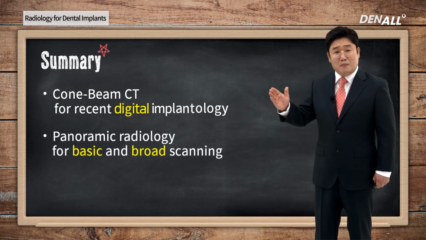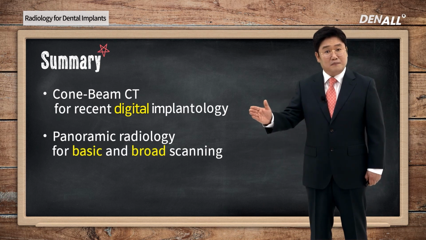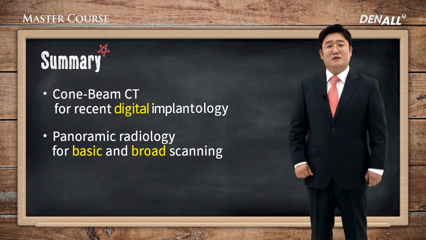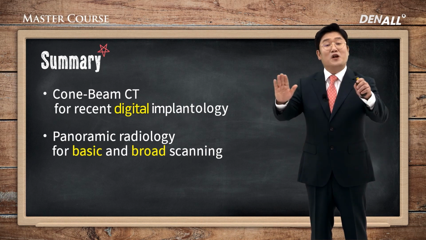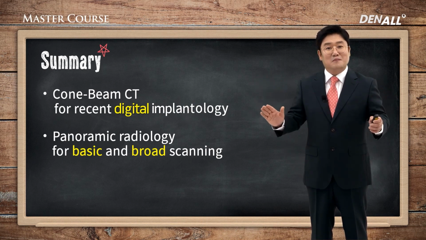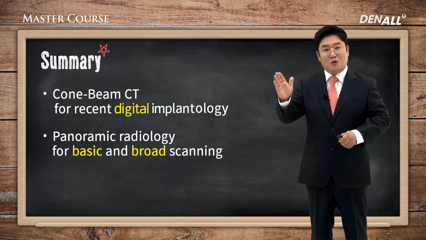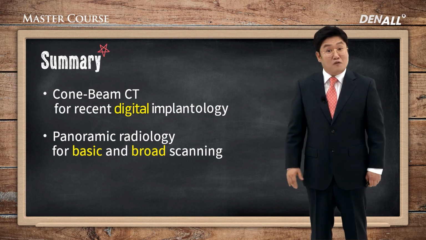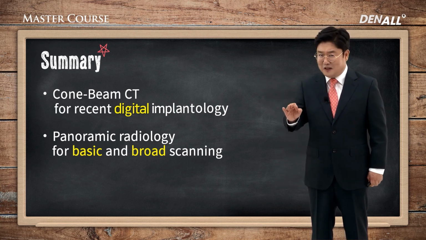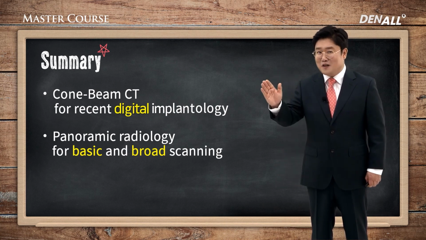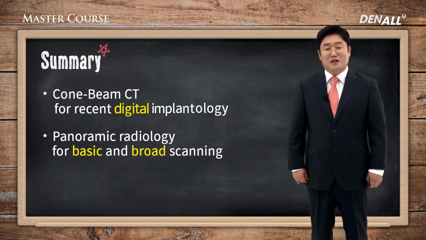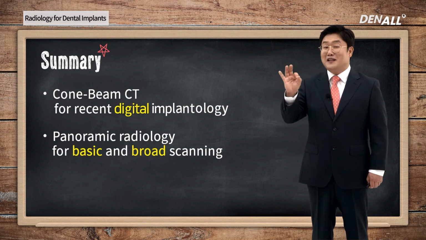Panorama is the most basic procedure, and it can scan the broad area. Through the broad scanning, teeth, jawbones, bone, and their relations with important anatomical structures can be identified. The bone height of the area where implants will be placed can be identified, which is very important.